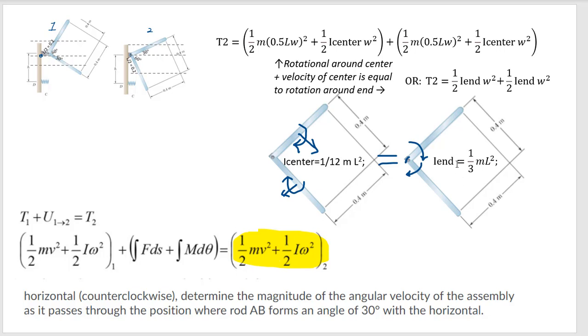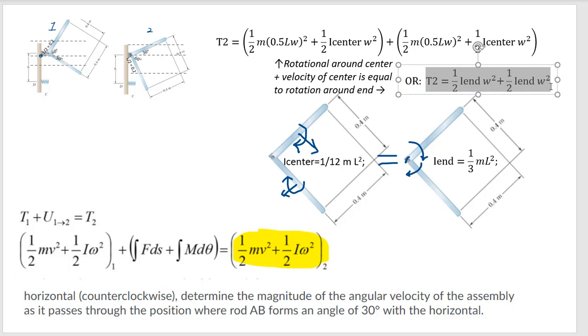Another way to think of this, and they're equivalent mathematically, is to, instead of using the inertia around the center of the bar, get the inertia around the end of the bar. If you use this around the end, you no longer have to take into account the velocity of the center.